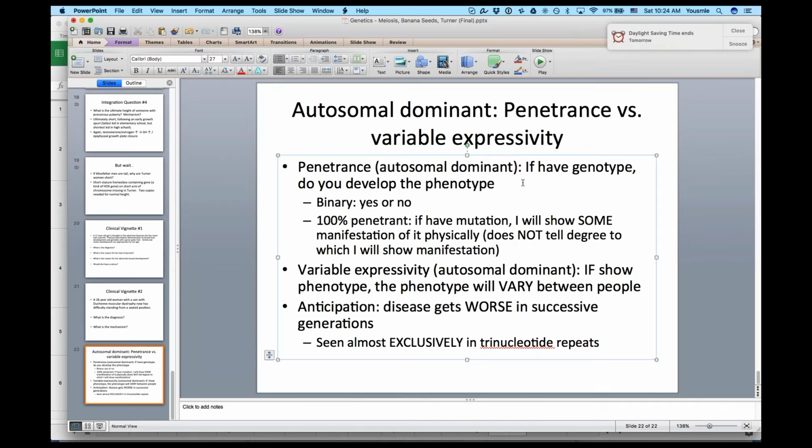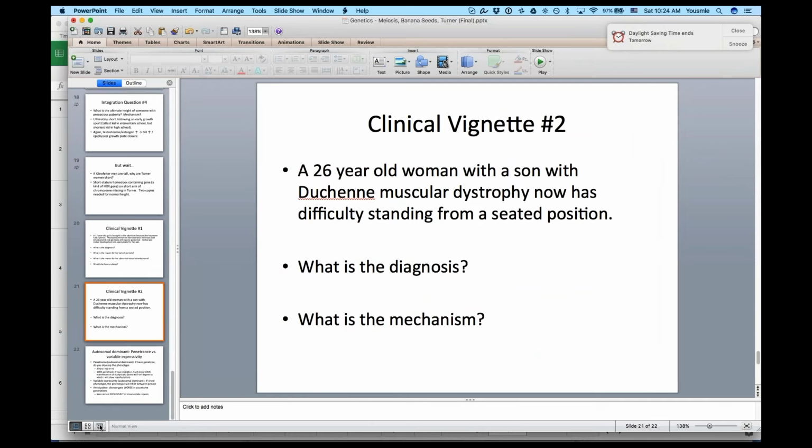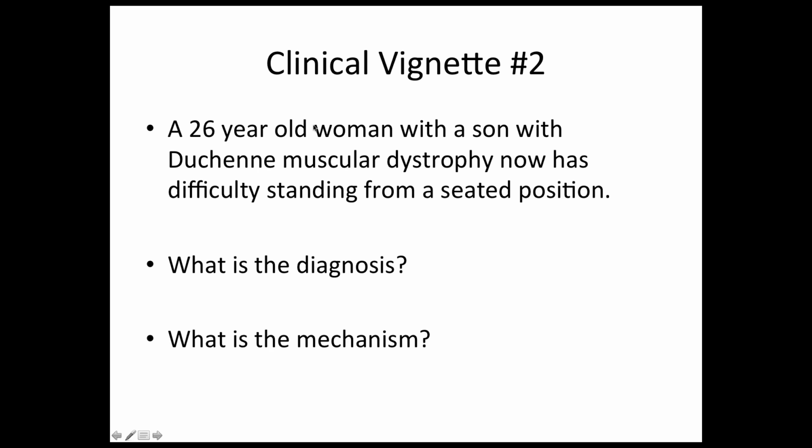So the answer is always, in these cases, let's be very clear on what the scenario is. It is a woman who's a carrier, and you know that she's a carrier because her son has it. If a son has an X-linked recessive disease, you know that she must be a carrier because the X chromosome for the son has to come from the mom, right?